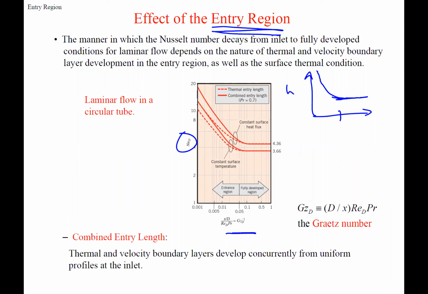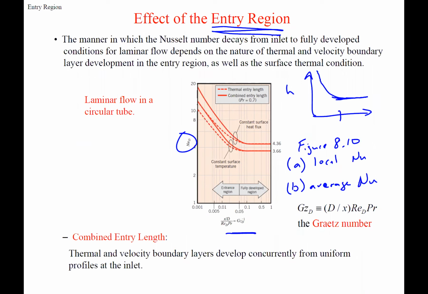Here it's shown with actual values. We have these two conditions on this figure, Figure 8.10. Figure 8.10A is for the local Nusselt number, and B is for the average Nusselt number.